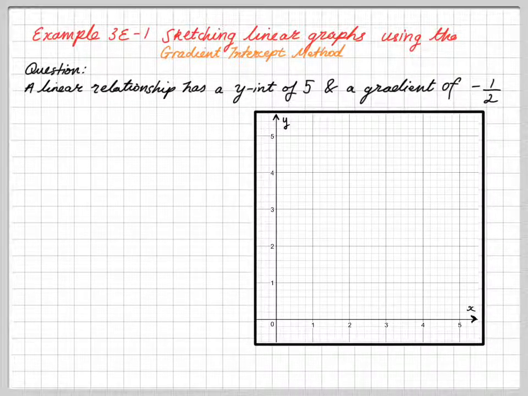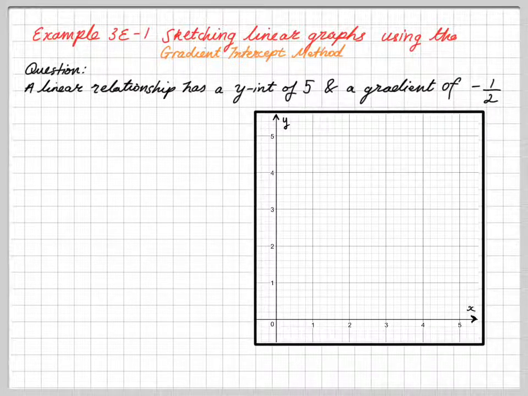Now the method that we are going to use to help us draw the equation is the gradient intercept method. The two things that we need to know in order to draw a graph are our gradient and our y-intercept. They're the two variables that we need in order for us to draw the linear equation.